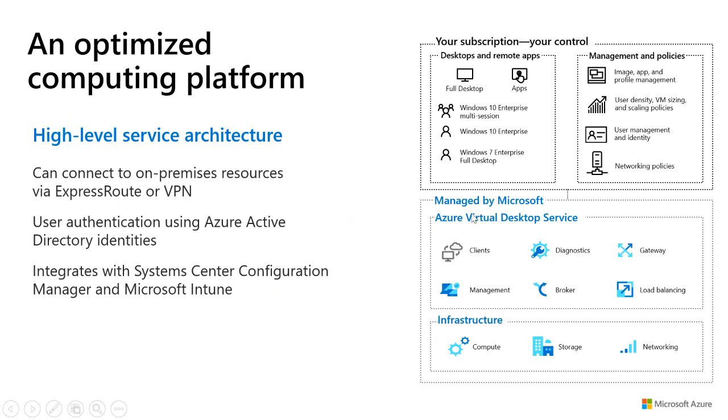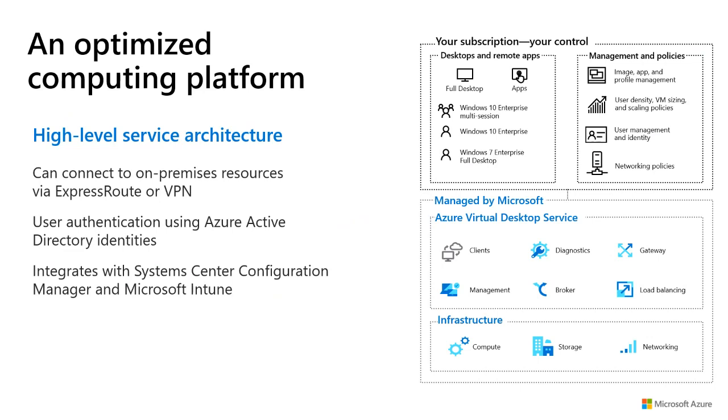The management by Microsoft is part of the services: the client to see the diagnostics, the connection gateway, all the connection broker parts, and load balancing. In the infrastructure part, you're going to have compute, storage, and networking. You can connect the solution with an on-premises environment using ExpressRoute or a VPN.